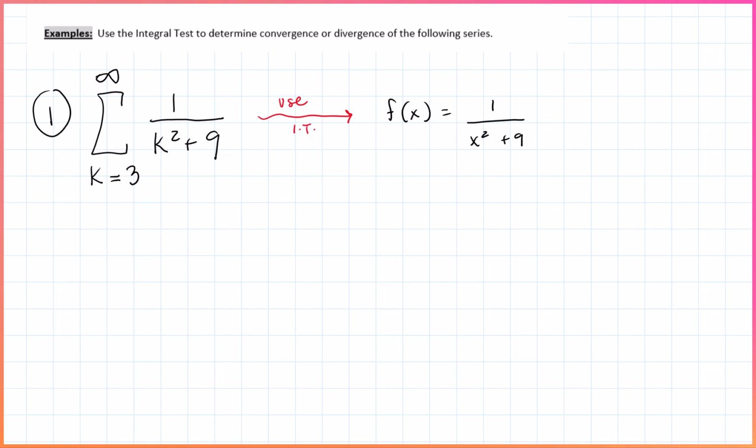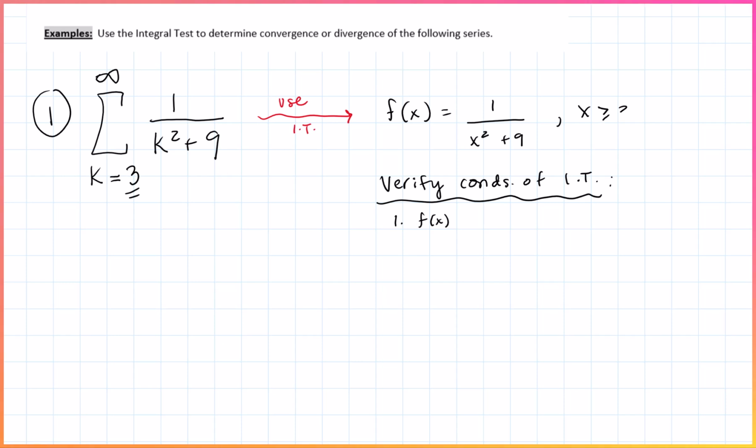The next thing that we have to do is verify that it meets the conditions. So let's verify the conditions of the integral test. For the integral test to work, we must, one, have a function that is positive on the interval that we're looking at. Now here, k is starting at 3, so we're going to be looking at x greater than or equal to 3.